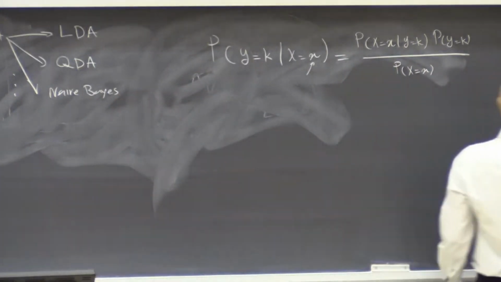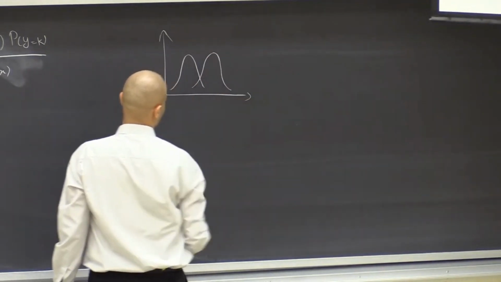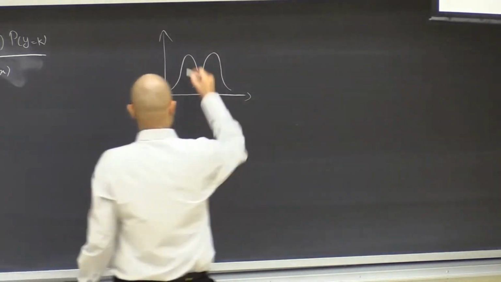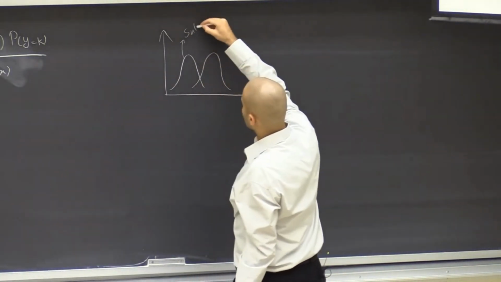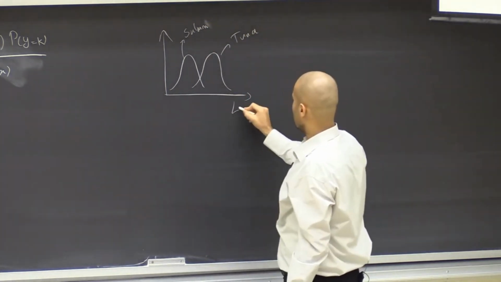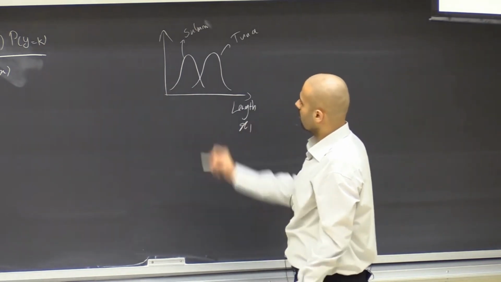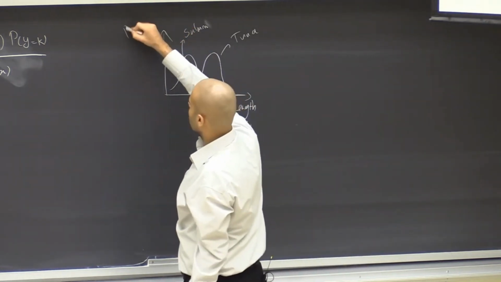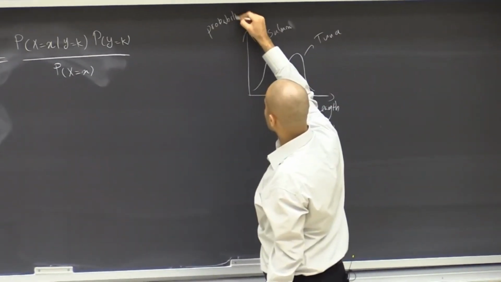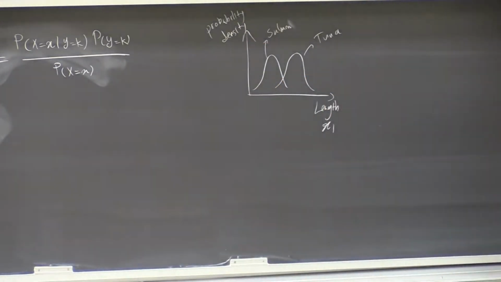Here is the distribution of length of salmon, and here is the distribution of length of tuna. Tuna is generally longer. So these are salmon, and these are tuna. This is the length of fish, which is x1, and here we have the probability density. Where does the probability density come from?